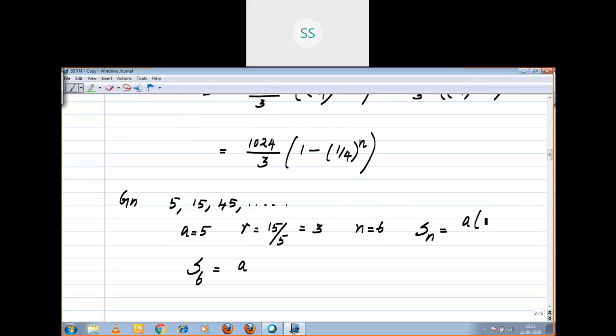N equal to 6, so S6. First you write the formula Sn equal to A into R power n minus 1 divided by R minus 1. Here R is not equal to 1. What is your A?